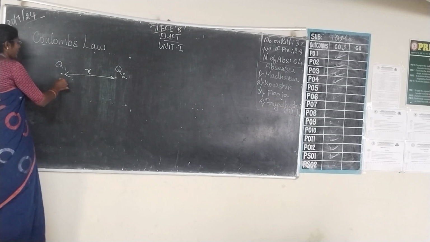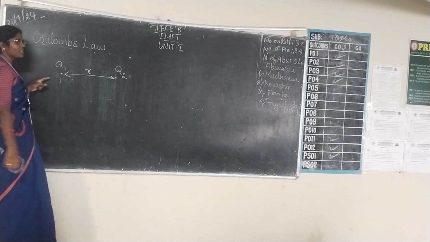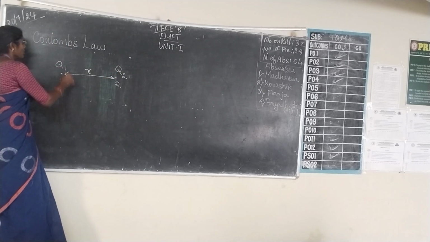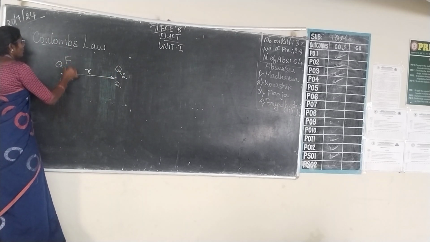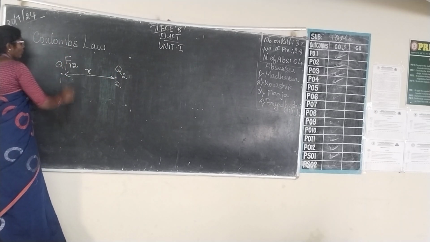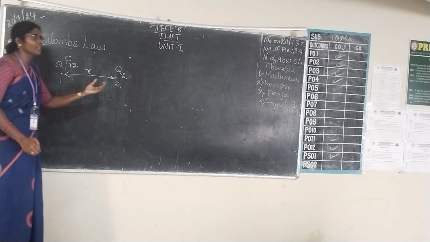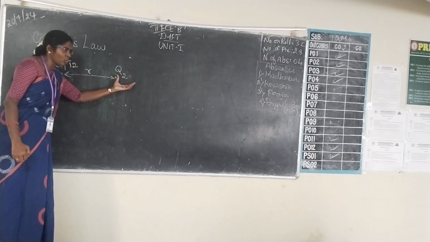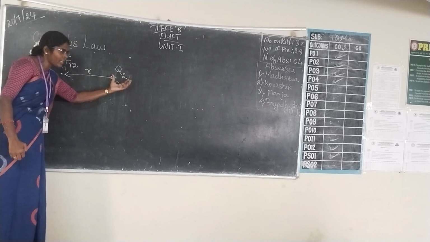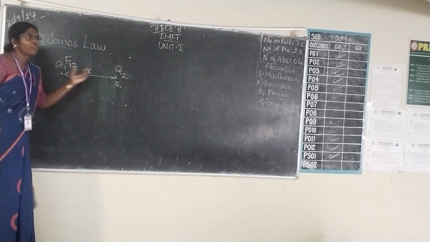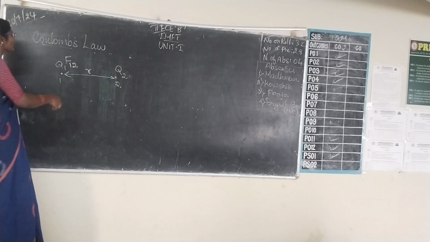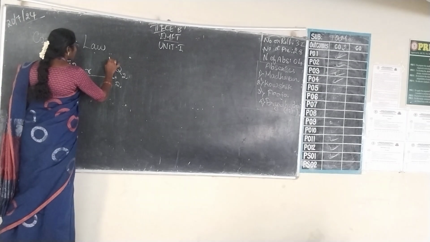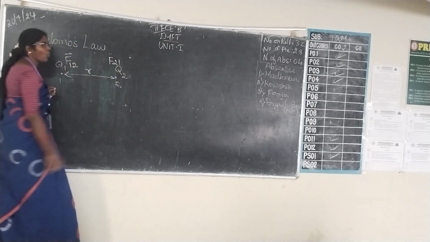Now I'm saying two point charges, so take this as 1 and this as 2. The first force, F12, is due to the force exerted from charge 2 on charge 1. So we will say that as F12. And here the force experienced is F21.